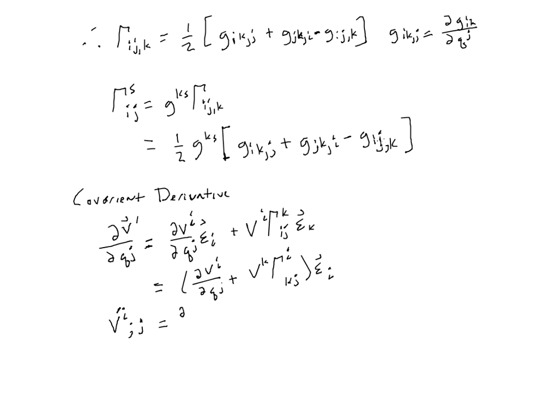And so this is equal to partial v i over partial q j plus v k times gamma i k j. And so this is our covariant derivative.